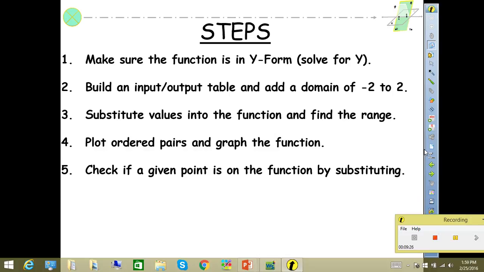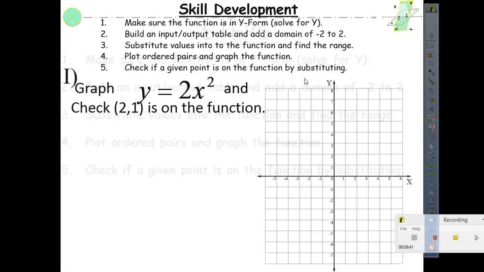To copy. So I included in your notes, turn your paper over really quick. I included a graph paper in the back. So on the top right, copy this, example 1. It says graph y equals 2x squared and check if (2, 1) is on the function.